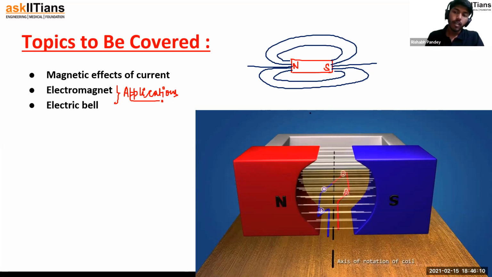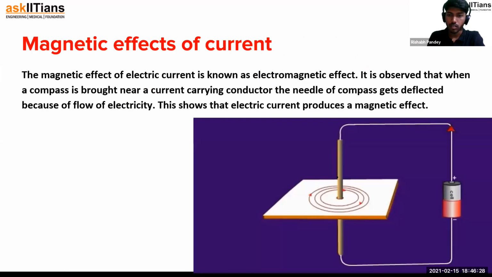But it was also observed that a current carrying wire also produces a magnetic field. Yes, a magnetic field is not associated only with magnets but also with current carrying wires. Say this is a wire in which current is flowing.